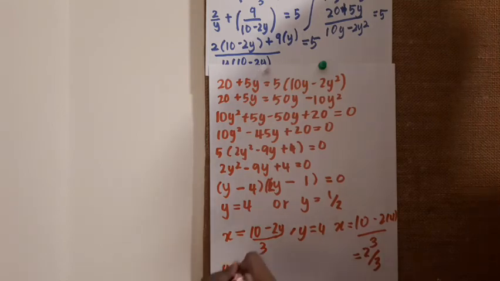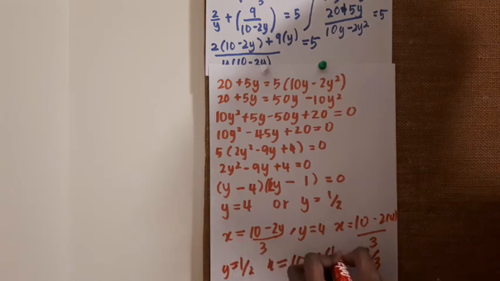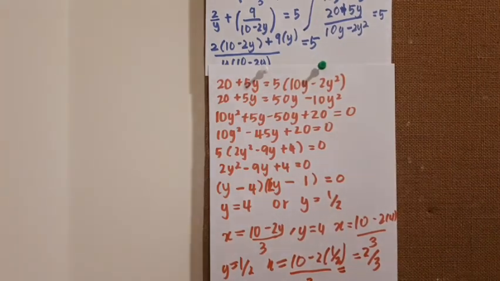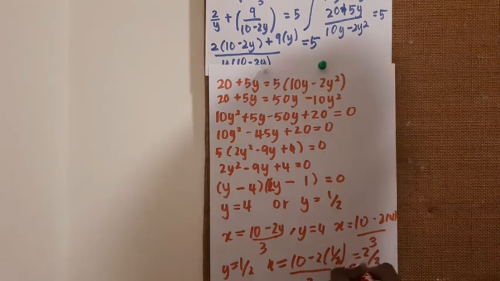And when y is half, x is simply going to be this, which is simply going to be 3.